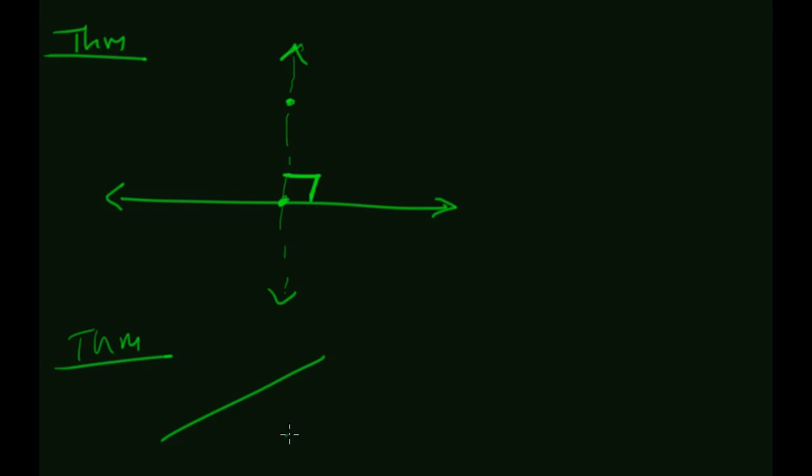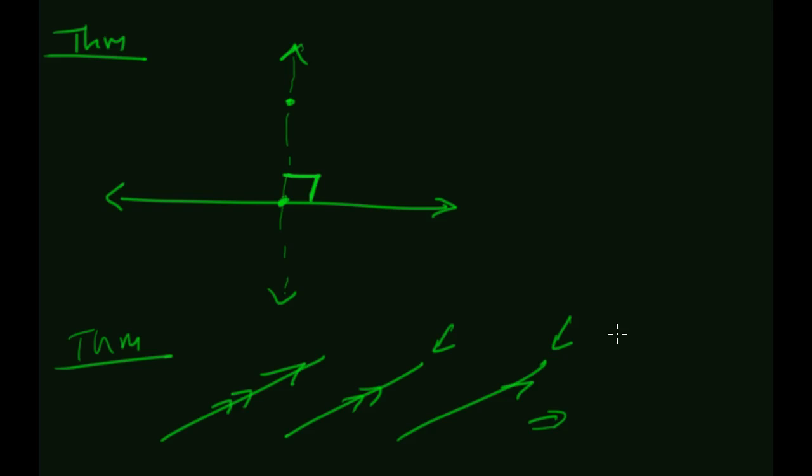It says that if I have 3 lines and I have these 2 being parallel and these 2 being parallel, so 1 and 3 are parallel, 1 and 2 are parallel, then it follows that this one and this one also have to be parallel.